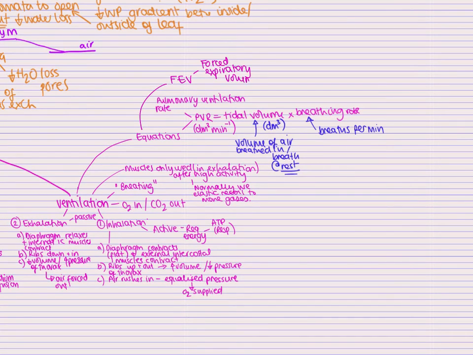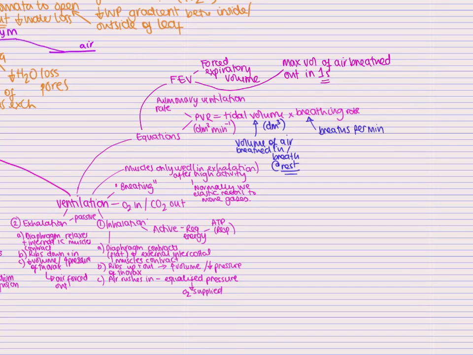The reason I've put this in calculations is not because there's an equation to link with it, but because it can be used in calculation questions when looking at how diseases have impacted breathing. So the FEV is the maximum volume of air breathed out in 1 second.